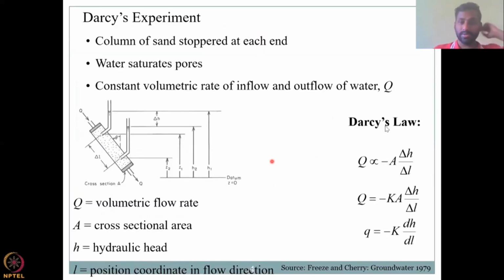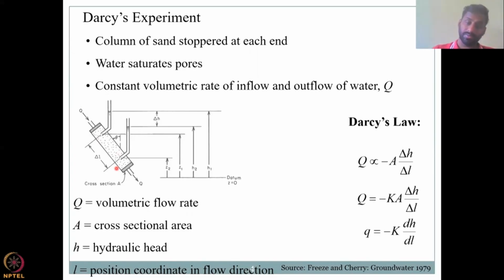So in Darcy's experiment, what we notice is that the column of sand is stoppered at each end. So either sand, soil, rocks, materials. The material, the matrix, is kept in a tube and it is stoppered. A rubber stopper is put on the top and bottom. Water saturates the pores. Water is fully saturated inside the pore space.